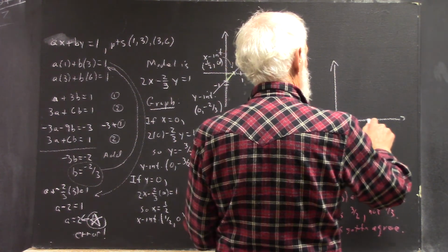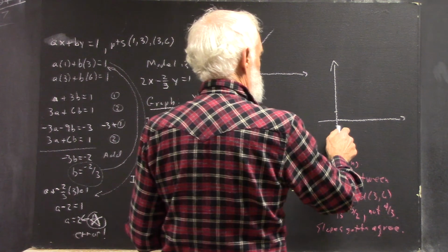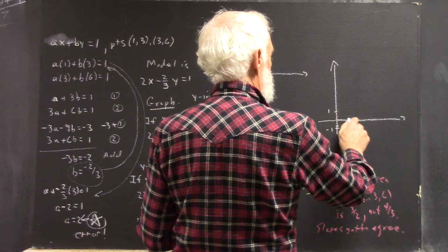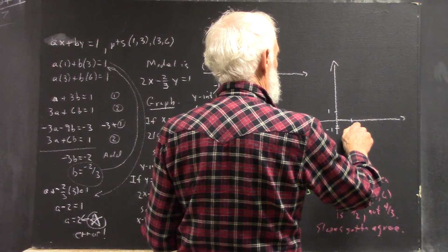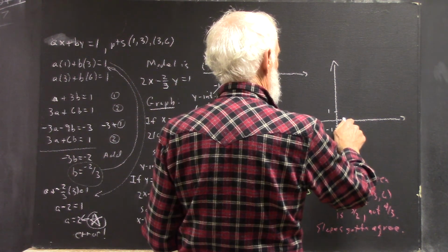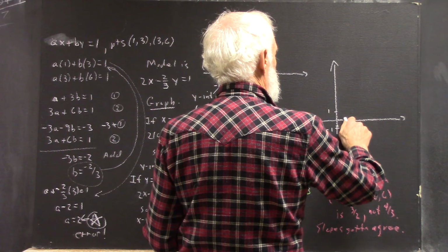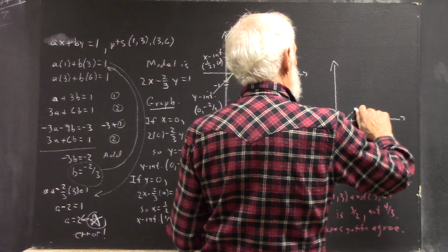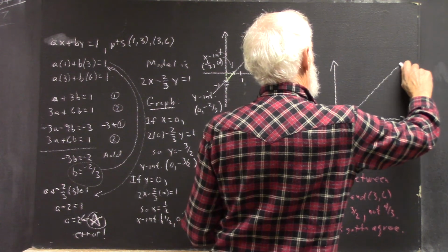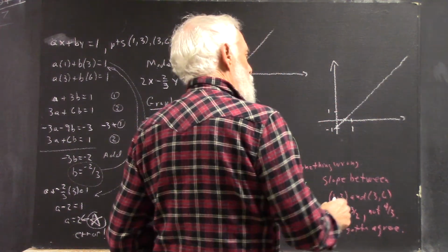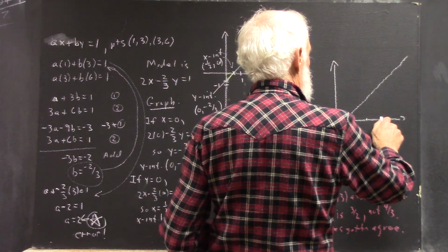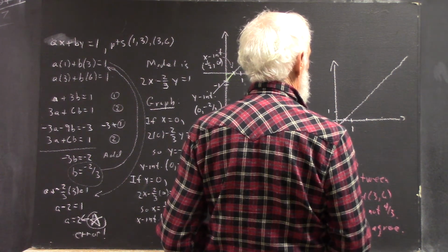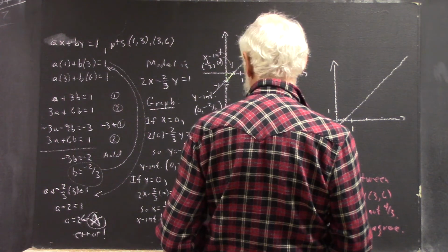So if this is -1, 1, and let's say this is 1 here. Here's 1/2, so the graph has to go through these points. The graph goes through those points.